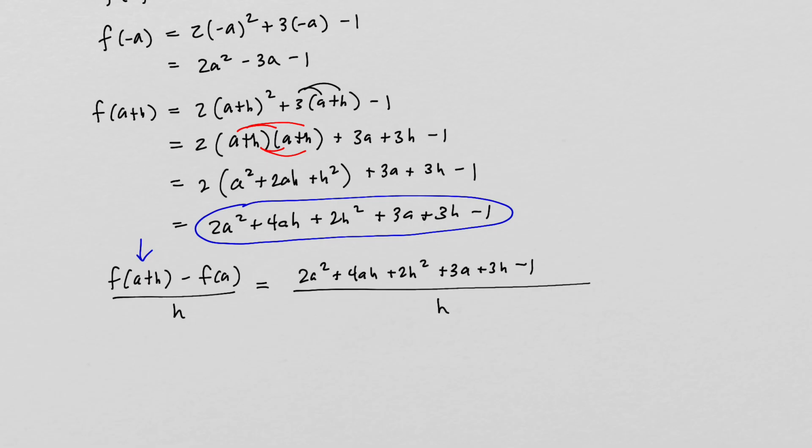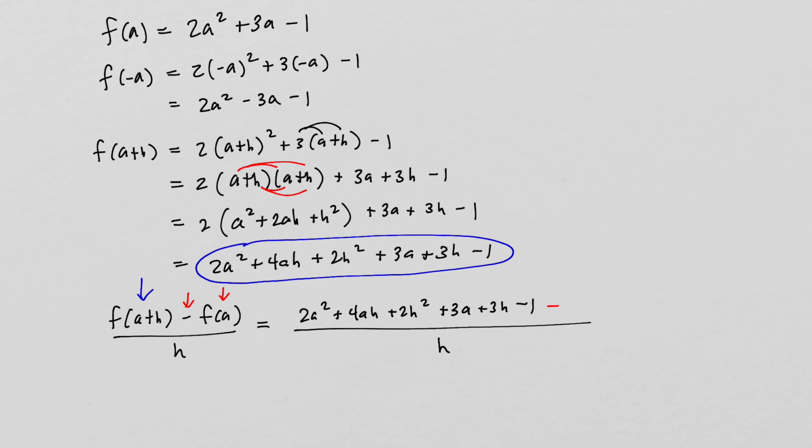But then don't forget, we also are subtracting f of a. So we are subtracting, and then what is f of a? Well, that is right here. Now, when I subtract that, I have to put parentheses because if you're subtracting something that has more than one term, that negative must be distributed to each one of those.